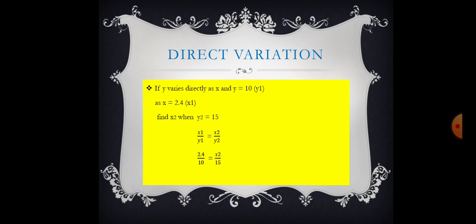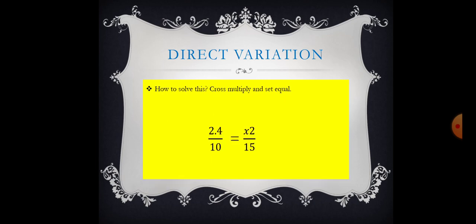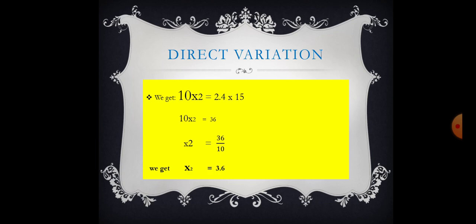Now we have to solve this by cross multiplying. We have 2.4 upon 10 equals x2 upon 15. After cross multiplication, 15 will go to the LHS, 10 will transpose to the RHS, and with x2, 10 will be multiplied. In the LHS, 15 into 2.4, we get: 10x2 equals 2.4 into 15.